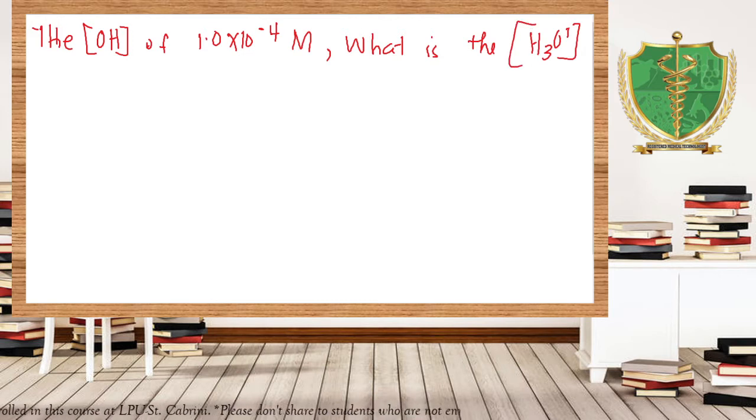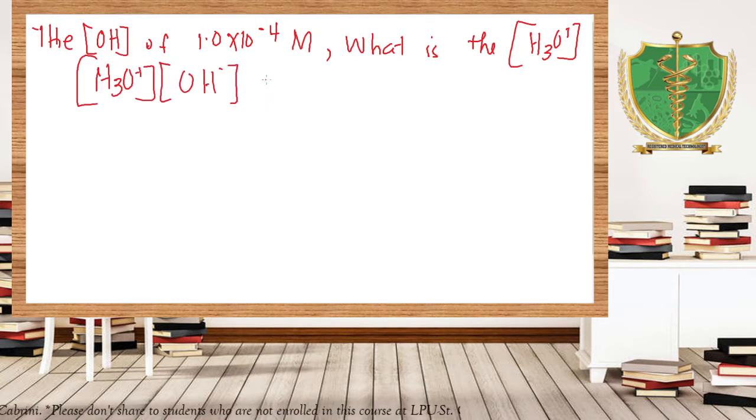We said that hydronium ion times hydroxide ion is equal to 1.0 times 10 raised to negative 14.